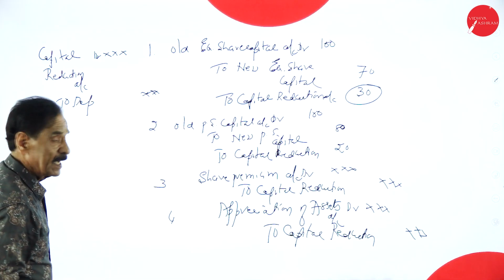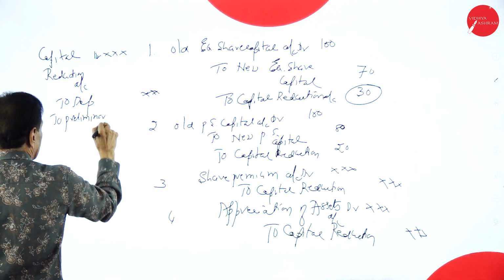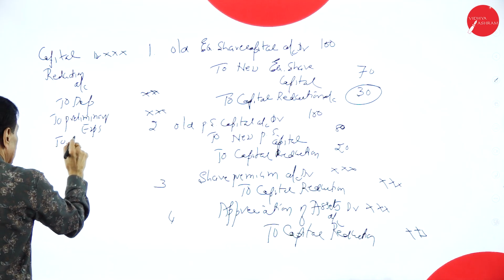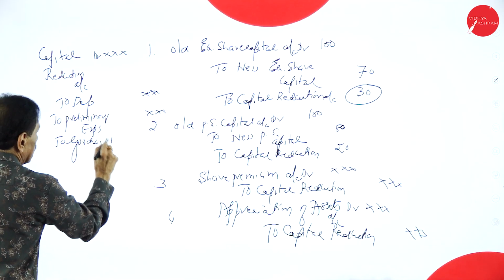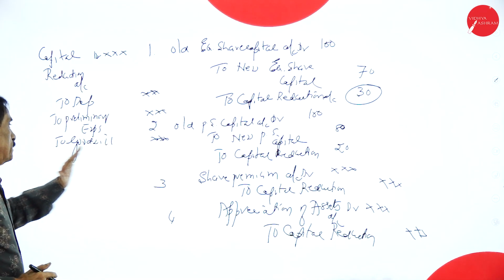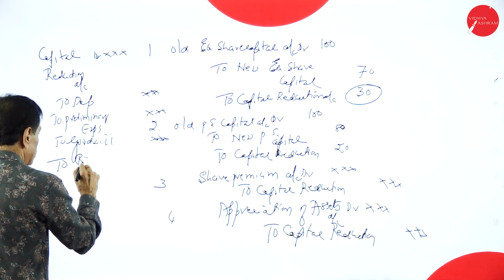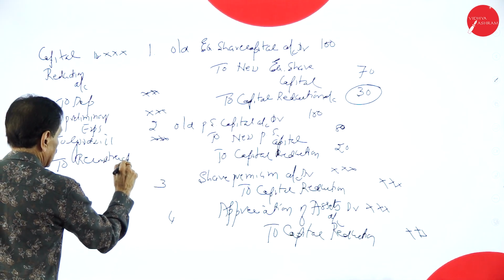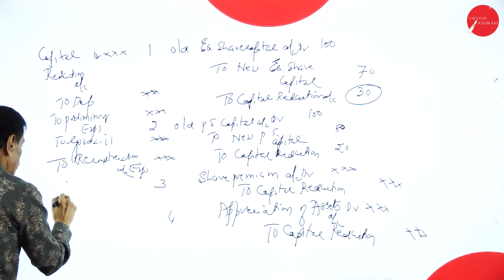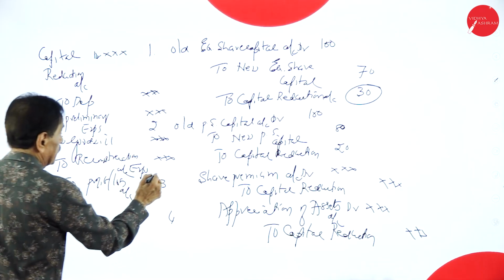You can utilize for depreciation, to preliminary expenses, to goodwill, to reconstruction expenses, to profit and loss account on the asset side, the undistributed losses.